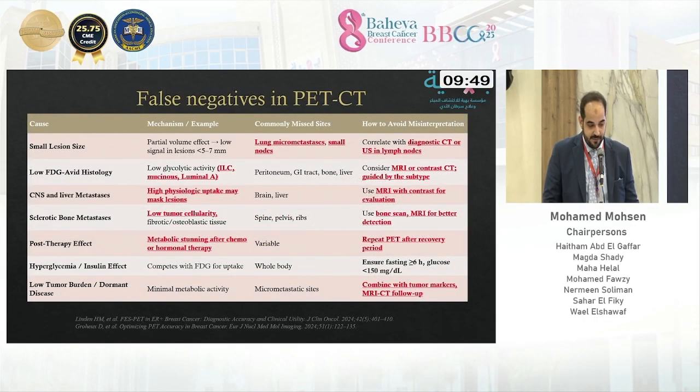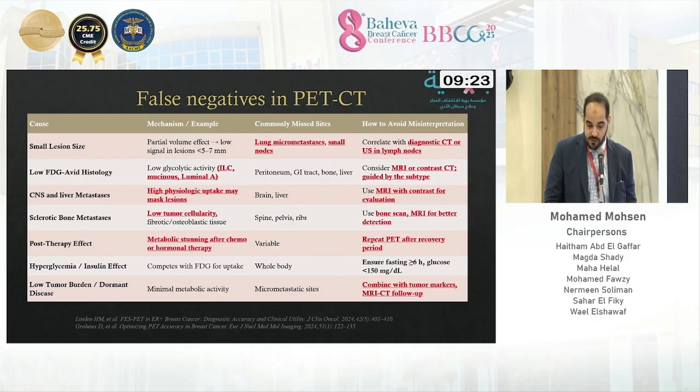While the false negatives in PET-CT include small lesion size, such as lung micrometastases and small nodes, which we should correlate with diagnostic CT or ultrasound in lymph nodes. Low FDG avid histology, where we should consider MRI or contrast CT guided by the subtype. CNS and liver metastases have a high false-negative rate because of the high physiologic background uptake, which may mask lesions.